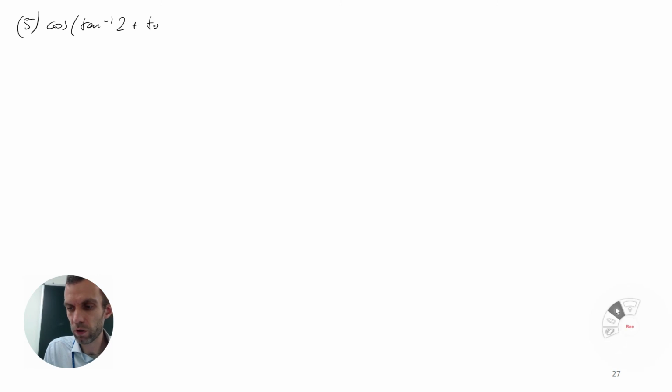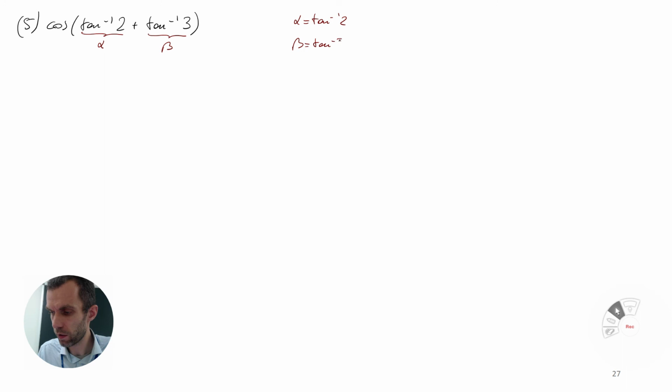For the last example, we'll have a look at cosine of tan inverse 2 plus tan inverse 3. We use the same principle. We call this alpha and we call this beta. So we have that alpha is tan inverse 2, beta is tan inverse 3.